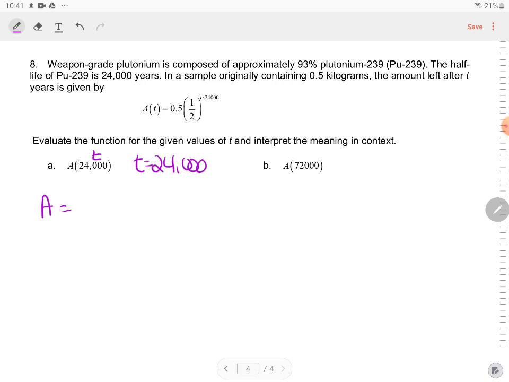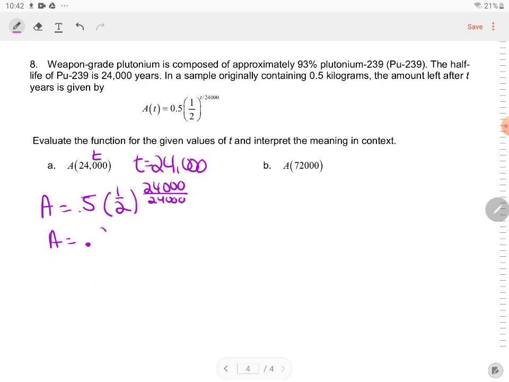So A is equal to 0.5 times 1/2 to the 24,000 divided by 24,000. Okay, so that's 0.5 times 1/2 to the first power, so that is 0.25.